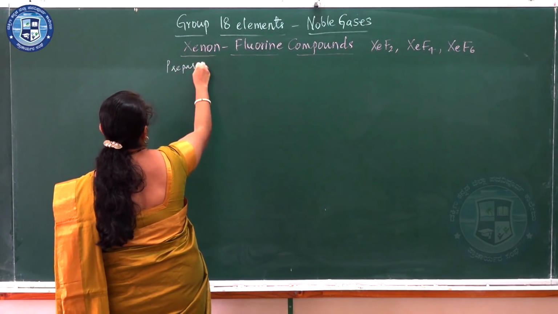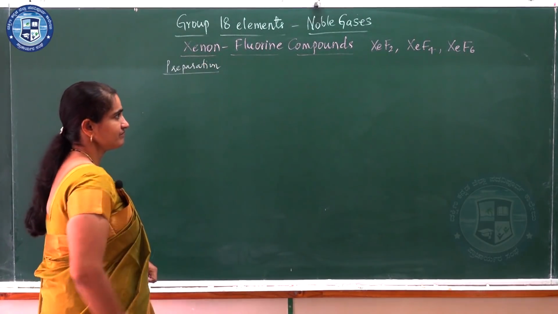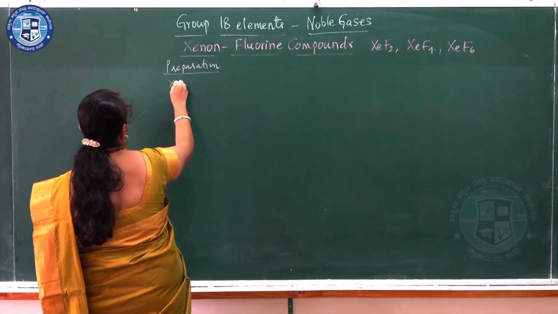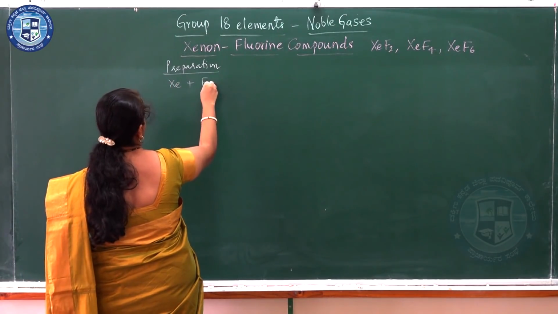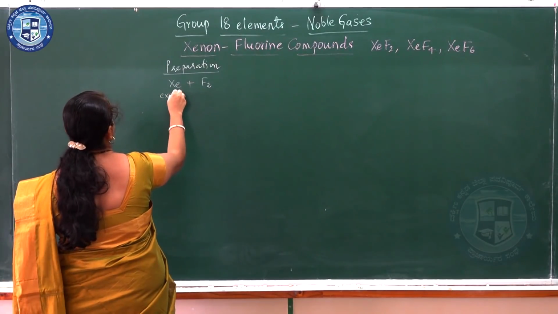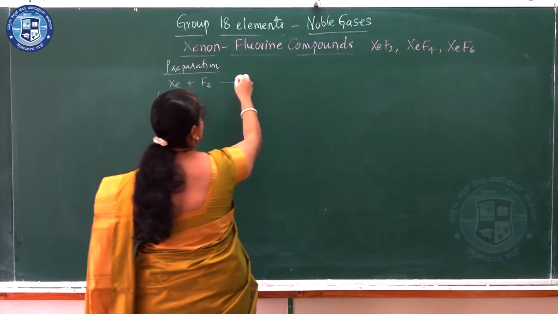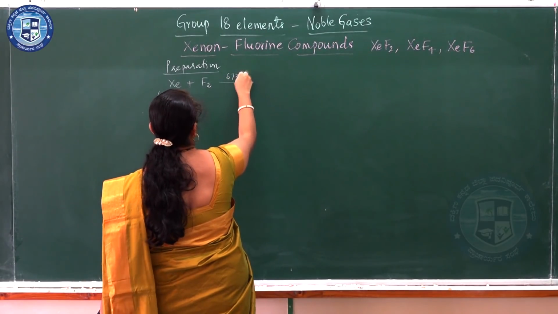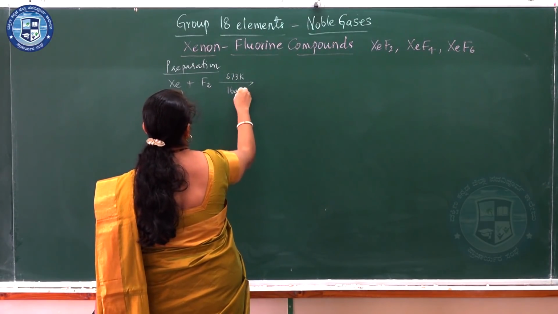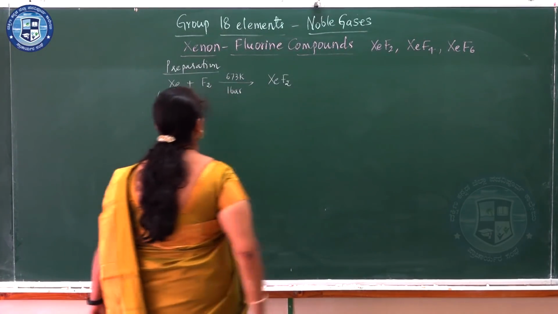Simple preparations have been given, direct mixing of the two. First, if I take xenon and treat it with fluorine, wherein Xe is taken in excess at a temperature of around 673 Kelvin and under 1 bar pressure, I will end up with XeF2 only.